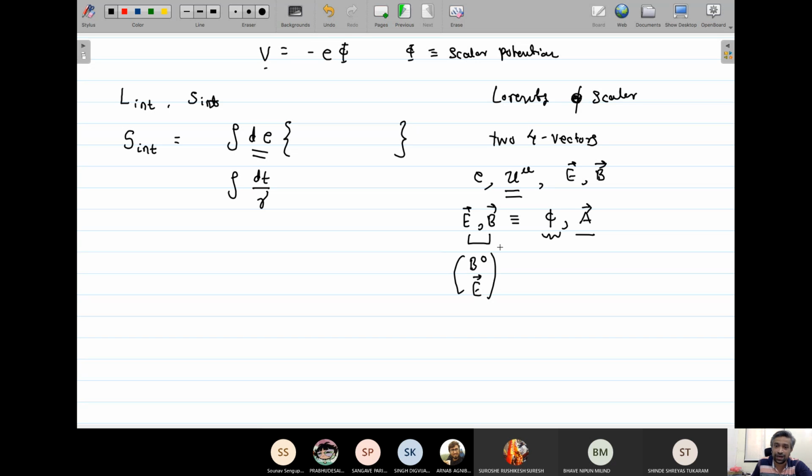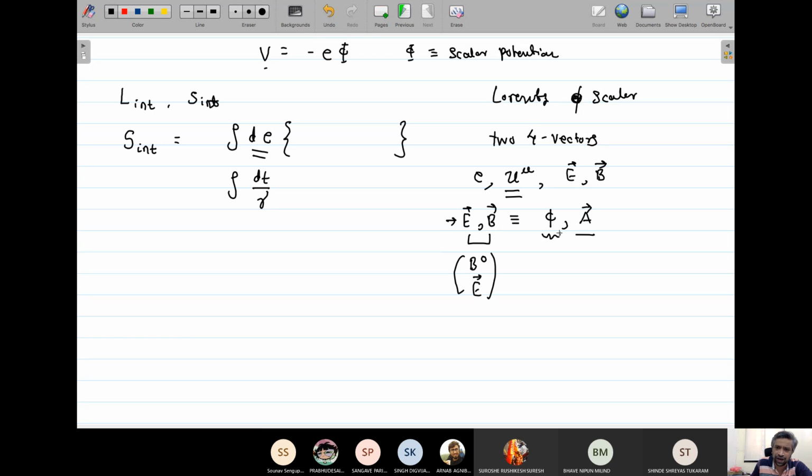So it is a futile attempt to construct a 4 vector out of E and B. One can construct something else from E and B. They are not useless quantities. There is also a different way to construct this action through E and B, but maybe we'll discuss that later on.